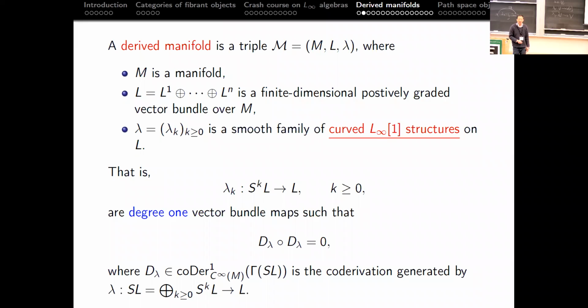Yes? You did mention this book of Joyce, in which he also has a definition of derived manifolds. He called them D-manifolds, right? So maybe Yunjin can answer the question. I think they're very complicated. It's not an infinity category. M in this story isn't a manifold, right?